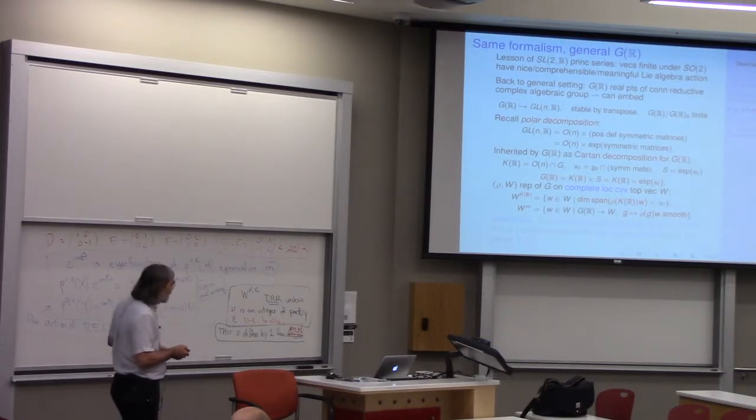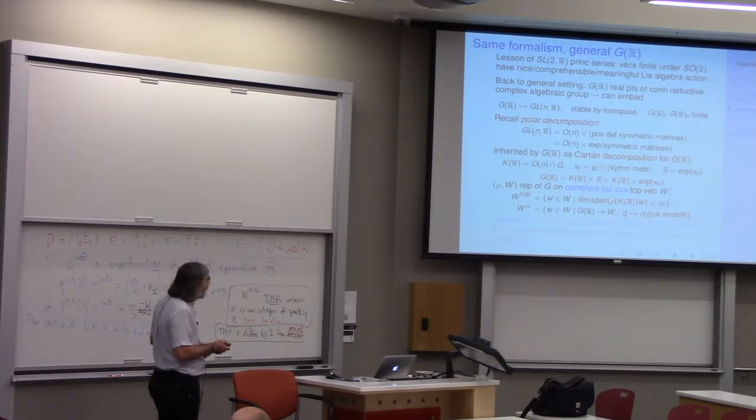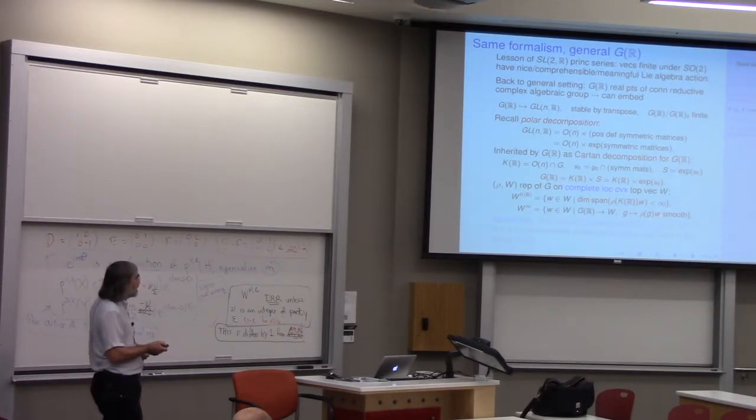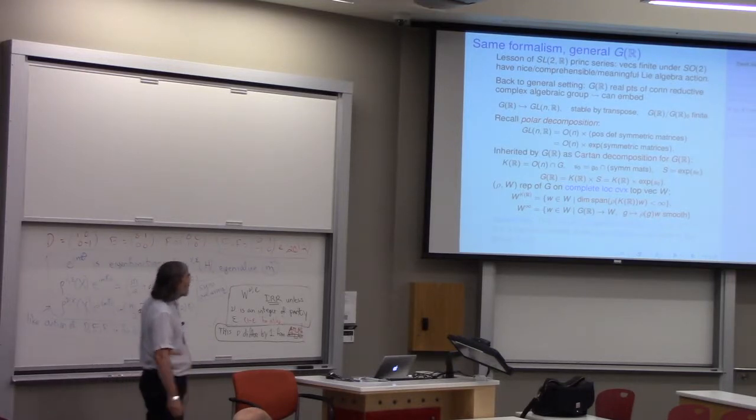And I could also look at the smooth vectors, where this function from G of R to the vector space that's just given by the action of G on an element is a differentiable function.